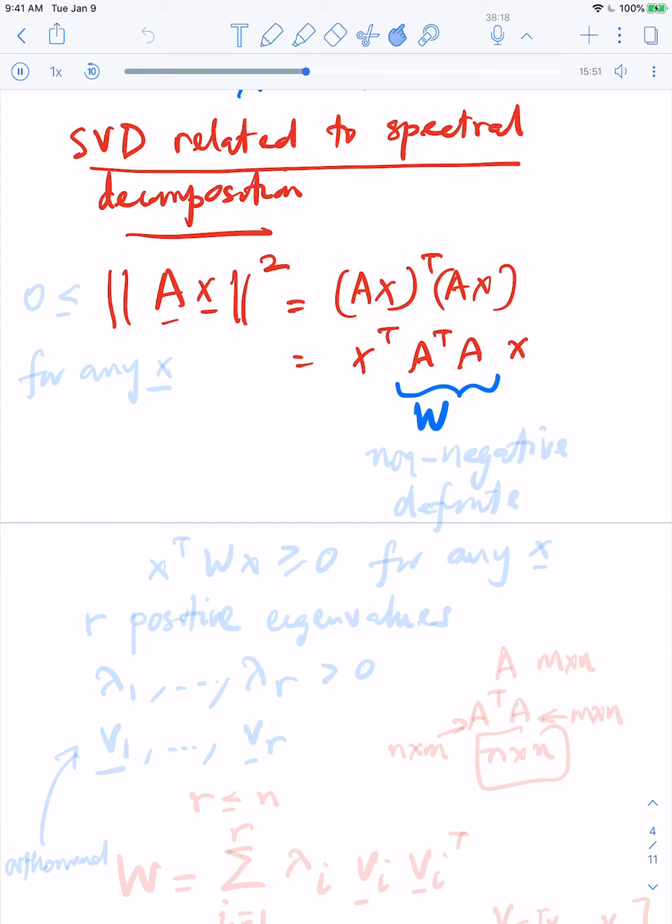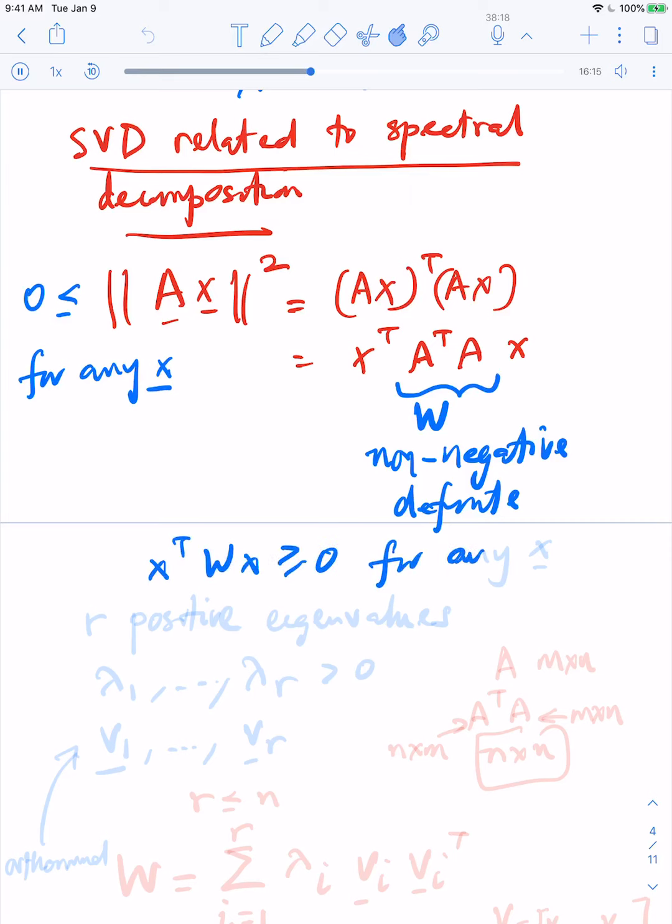So this is non-negative definite by construction, actually. Why? Because this is bigger than or equal to 0 for any X. So that means X transpose WX is bigger than or equal to 0 for any X, which is the definition of a non-negative definite matrix, right?